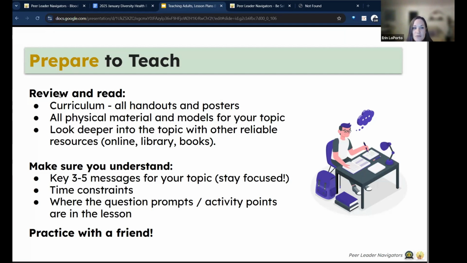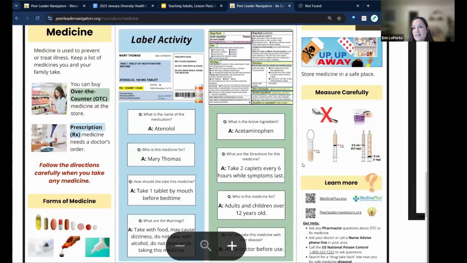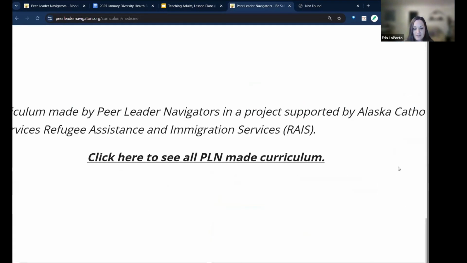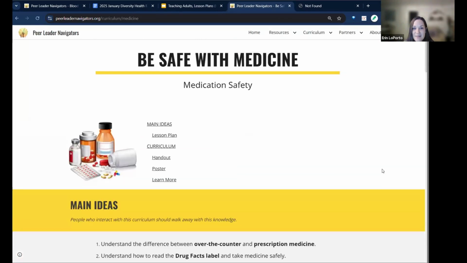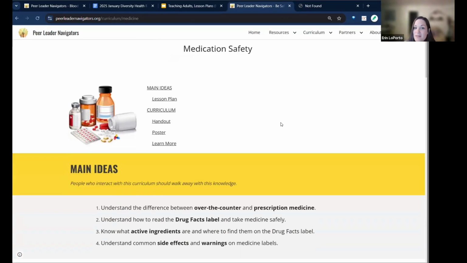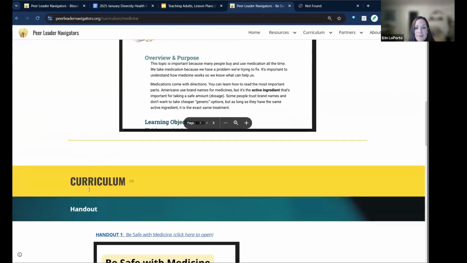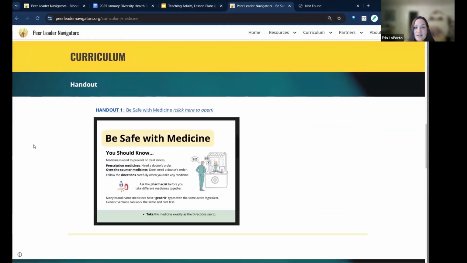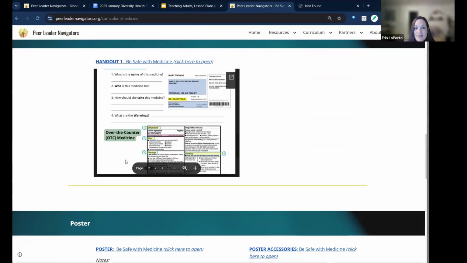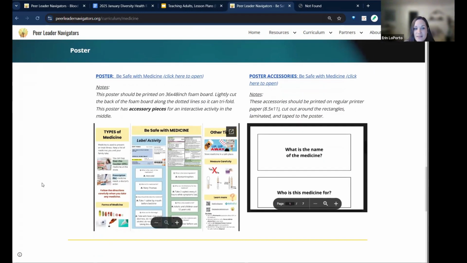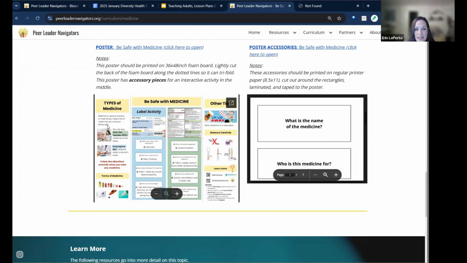So you want to make sure that you review and read the curriculum. In this case, it would be going to this website. If you are assigned medication safety, you would come here to the website, read through the main ideas, the lesson plan, of course, the curriculum, the handout, the poster, and honestly, really read all of these words, even if you've done it before, even if you have already done a health fair where you shared medicine safety before.